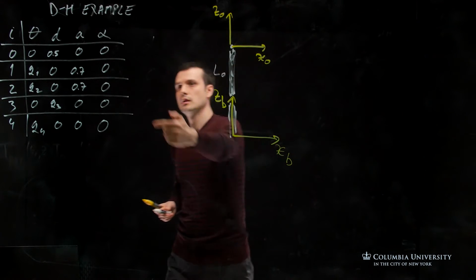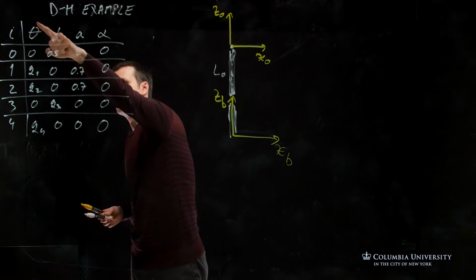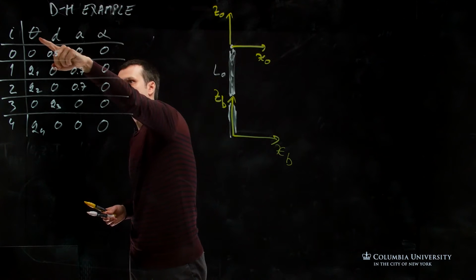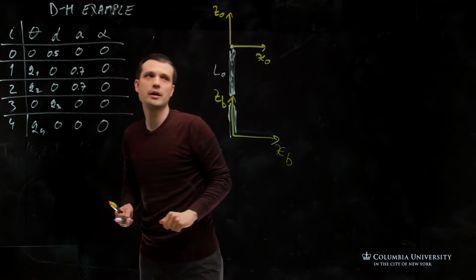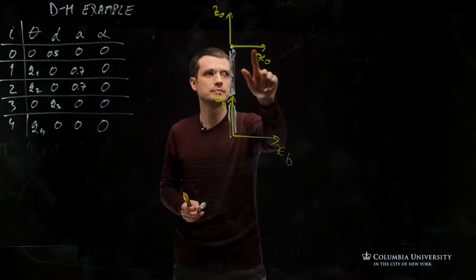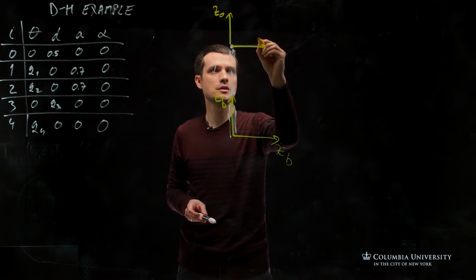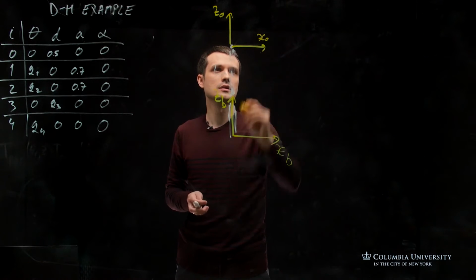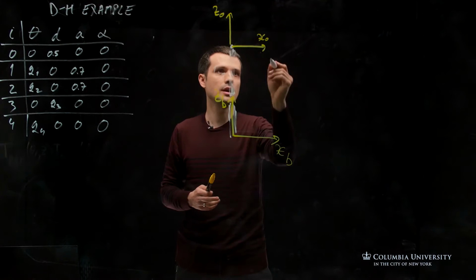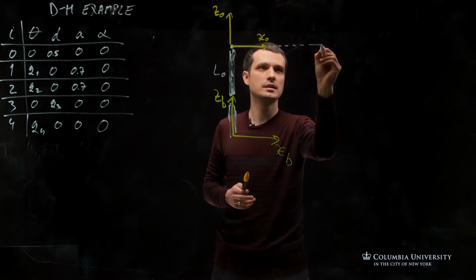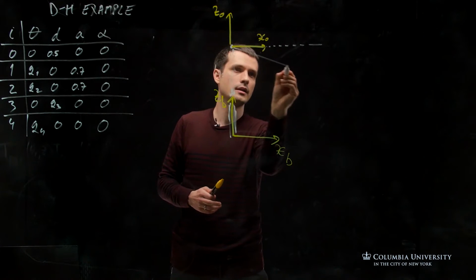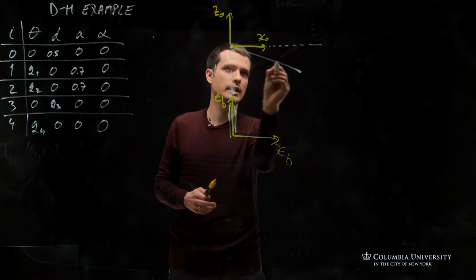In this row, our joint has a rotation by Q1 around the Z-axis. Let's move this X0 here just for clarity. If we extend this a little bit, then we're moving like this.